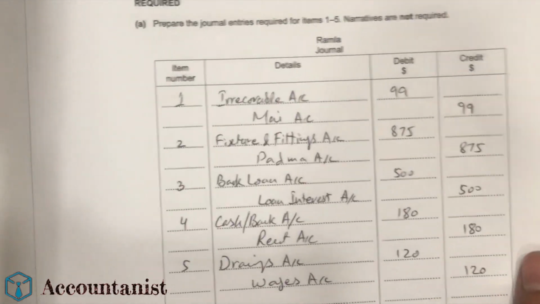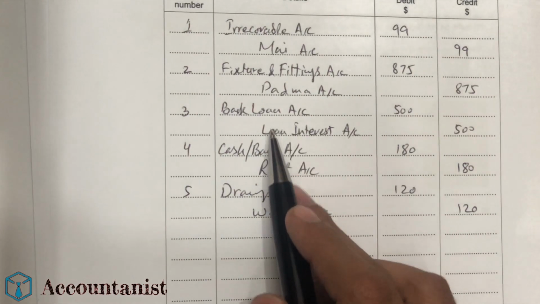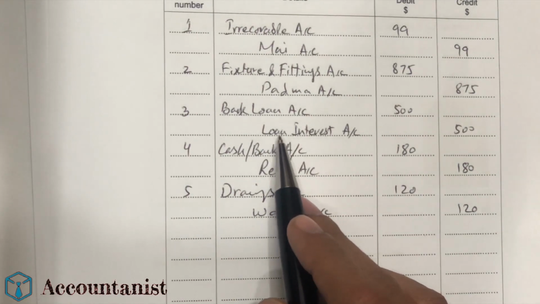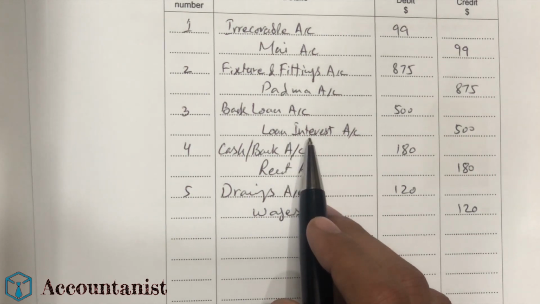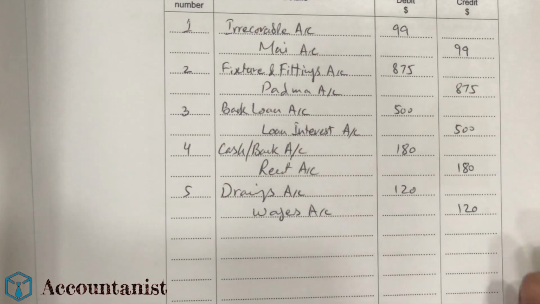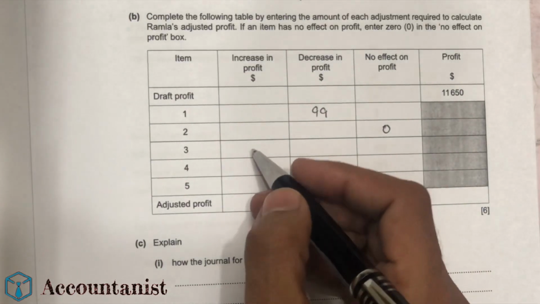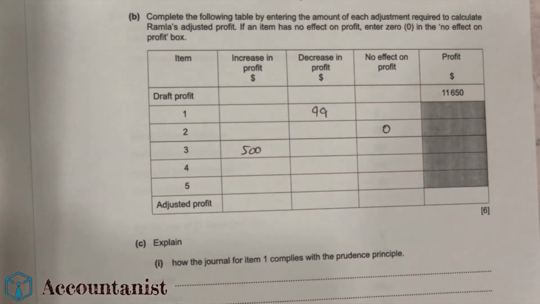The third transaction we have is bank loan account debit and loan interest account credit. Loan interest was our expense, so it's going to be reduced. When there is a reduction in an expense, it means our profit is going to be up. So we'll write down here for the third one, increase in profit by 500.